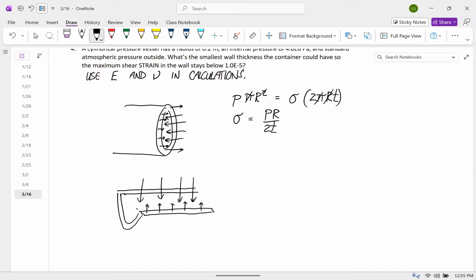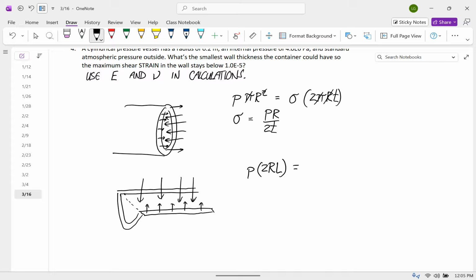So the area that pressure is acting on is the length times 2 times the radius.